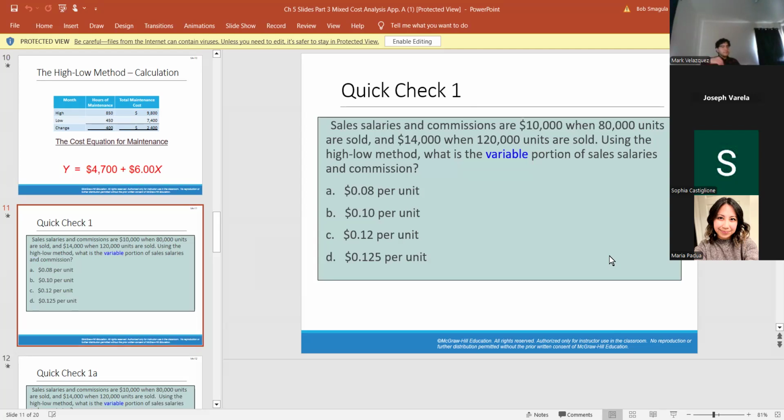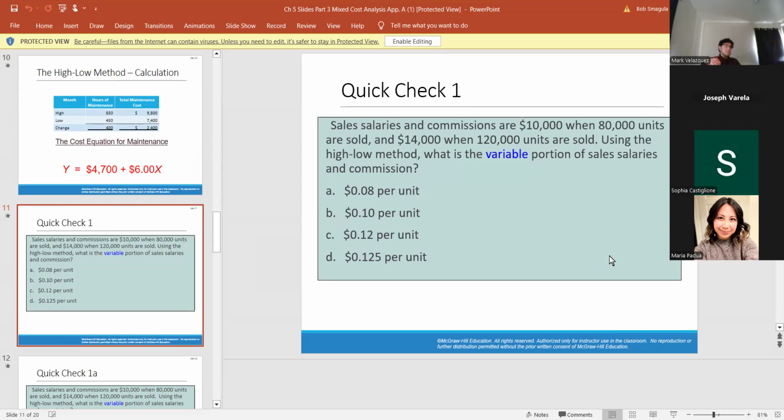Sales salaries and commissions are 10,000 when 80,000 are sold and 14,000 when 120,000 are sold. What's the variable portion of the sales salaries? Well, we can do this one in our head. The difference in dollars is 4,000, and the difference in units is 40,000.